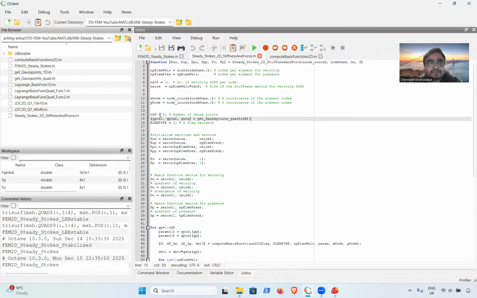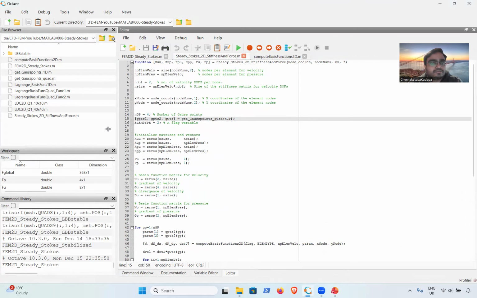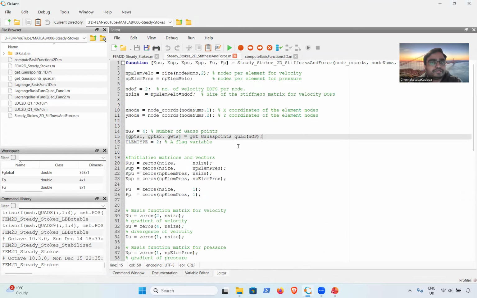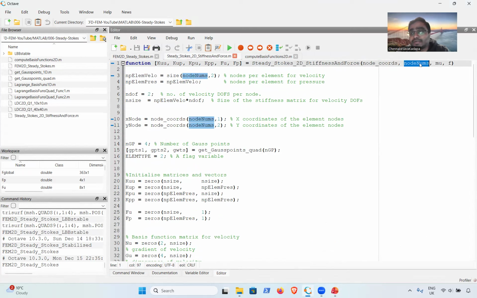I will share the code with you so that you can go through it and make use of it. So here I have a function, steady stokes stiffness and force. To this I pass node coordinates, these are the x and y coordinates of the nodes, the element node connectivity, the viscosity value and the body force.